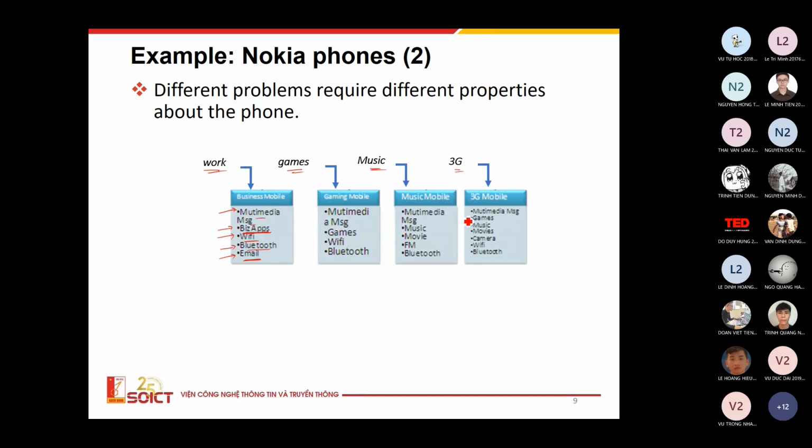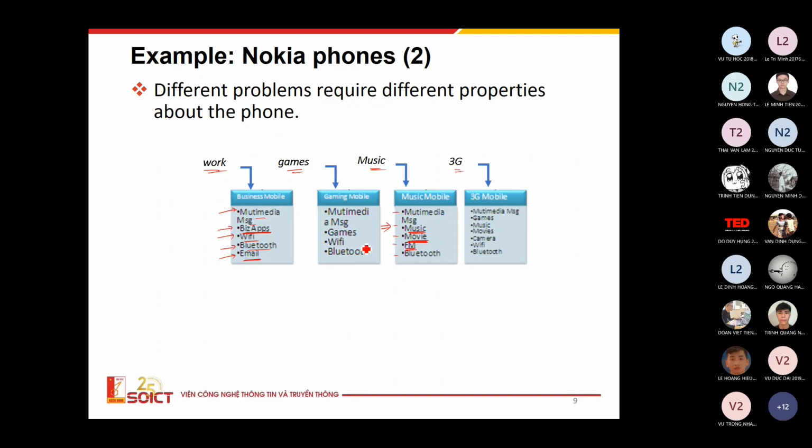Differently, for example, when you want to describe this phone, the same phone but in a different problem, maybe there will be a different property. For example, your phone can be used to see a movie, to listen to music, or to listen to the FM.